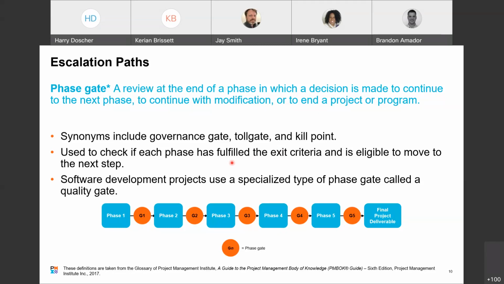That has been used in waterfall type projects. You're not going to see that in agile projects though. And in the illustration here, just realize that each of these orange circles are your phase gates. And this just shows that between phase 1 and phase 2, you take a time to evaluate whether your previous phase is completed and if you're ready to start the next phase. Same thing all the way down here.